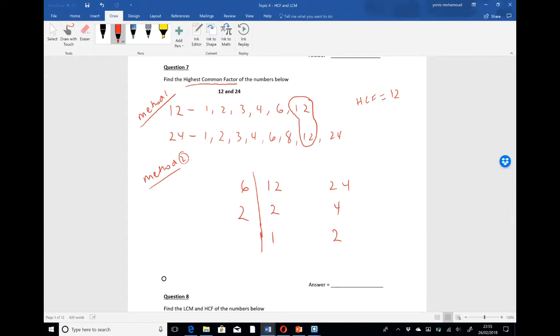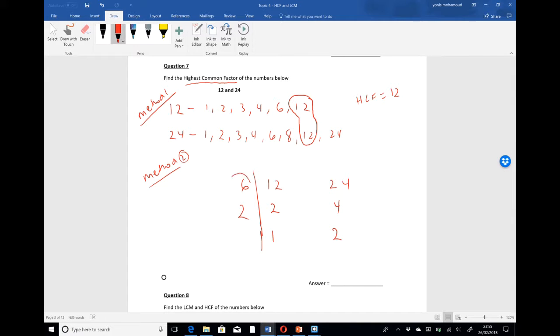When we were doing the previous question, we circled the values on the side and also the values at the bottom to find the lowest common multiple. But to find the highest common factor, we just circle the numbers on the side and multiply them.